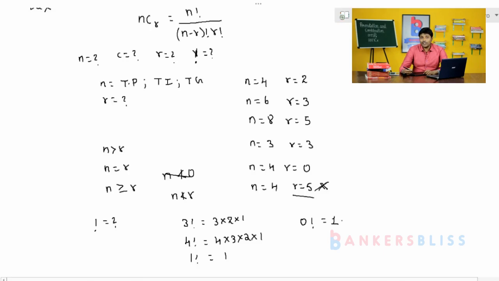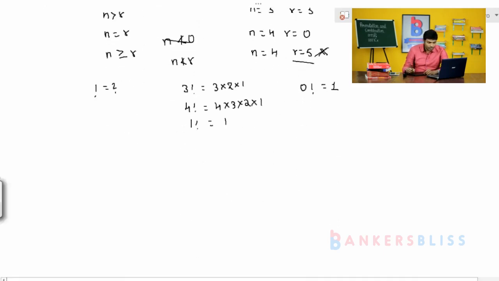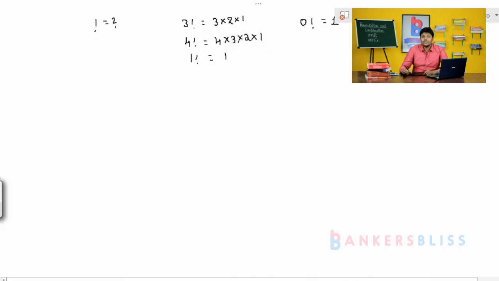So now you have learned what combination means, what formula you are going to use for combination, and in that formula what C, n, r and factorial mean. Now see here, out of 5 I am selecting 3, which means out of 5 I am rejecting the other 2.